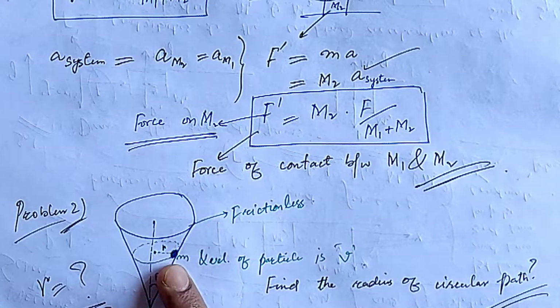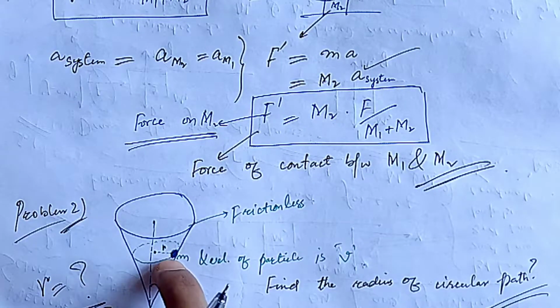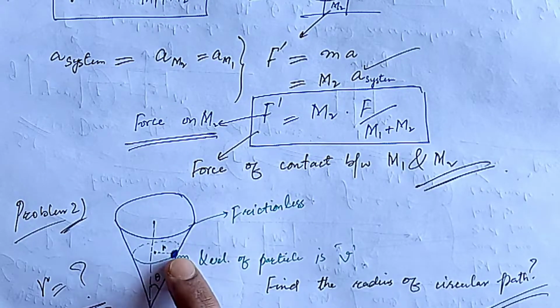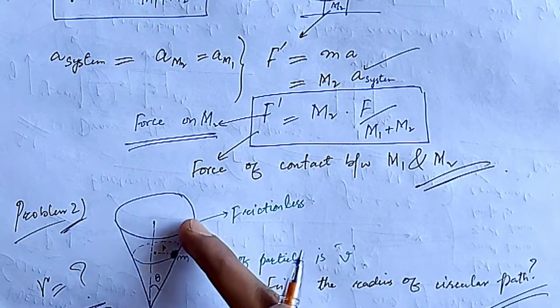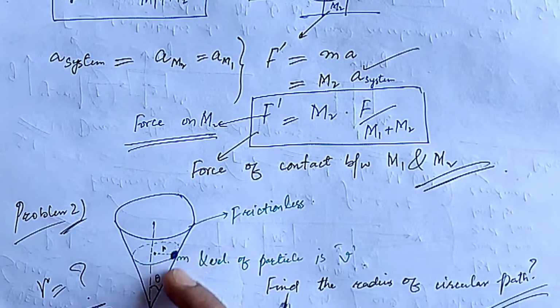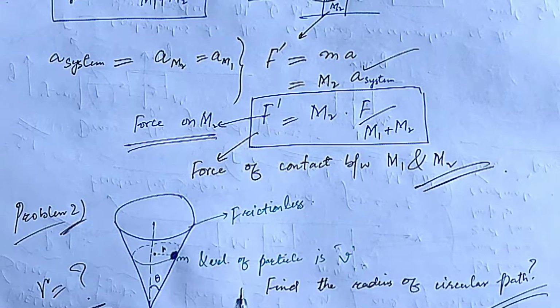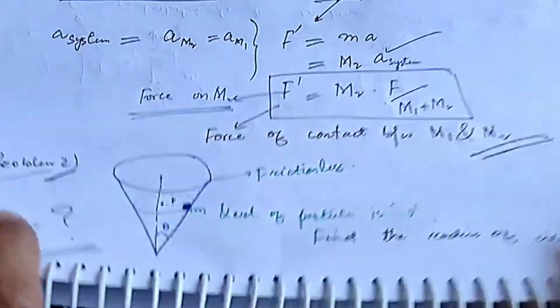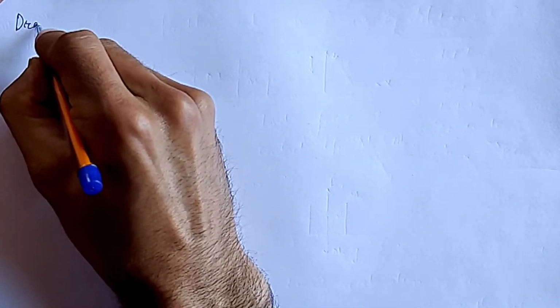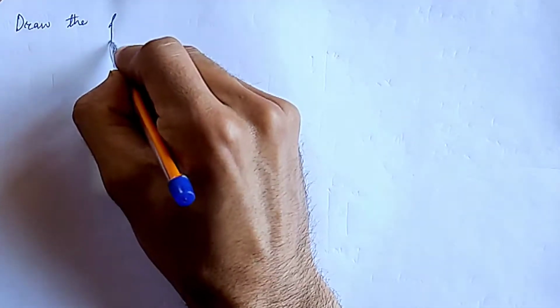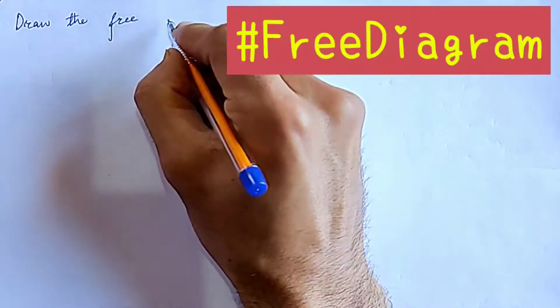The only forces exerted on this body m will be the contact force between the walls of the cone and the body, and the downward force, which is the weight. So first of all, draw the free body diagram.